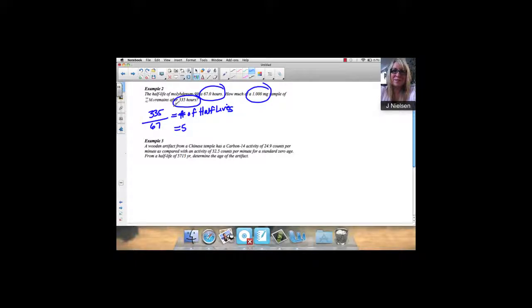And they want to know how much is left. So I have to undergo 5 half-lives of a 1 milligram sample. So half of 1 is 0.5, half of 0.5 is 0.25, half of that is going to be 0.125, half of that is going to be 0.0625, and my fifth half-life is going to leave me with 0.03125 milligrams.